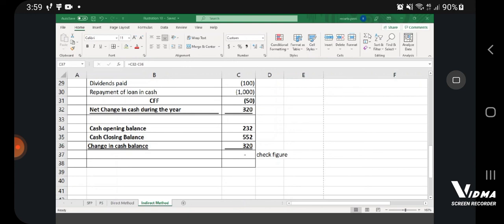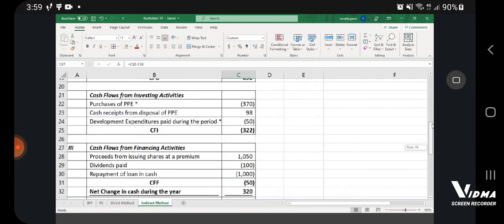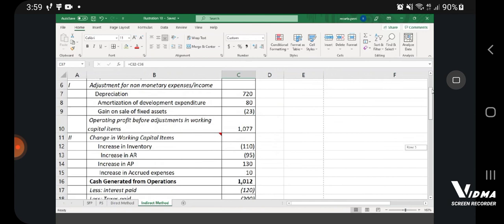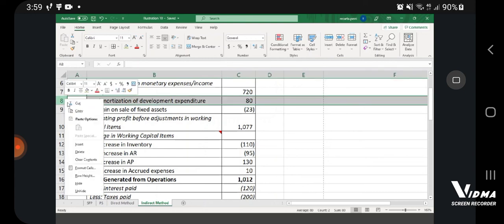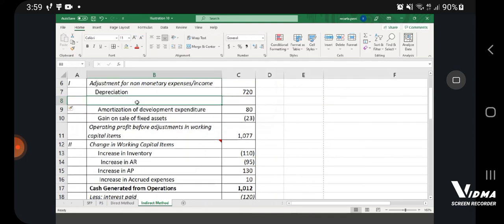About the treatment of provision, in case you have a provision, for example provision for warranties, provision for court expenses, or provision for increases in the bad debts and uncollectible amounts of trade receivables, the provision will be added as a non-monetary expense over here. So it will be plus provisions.